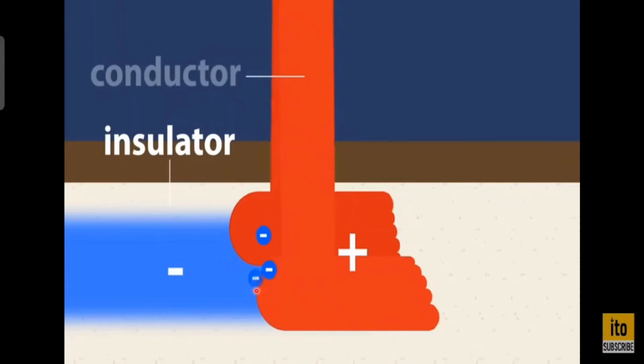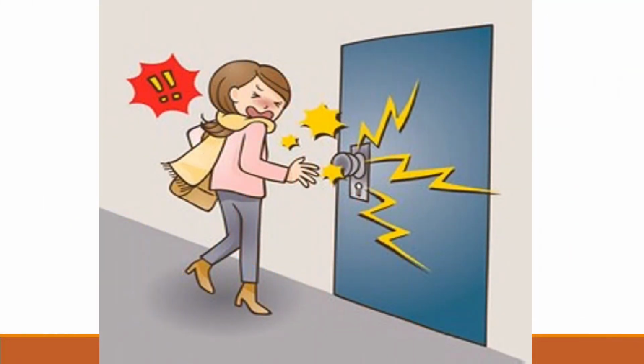But in this example, the moment you rub your feet on the carpet, the electrons were released. So only the positive charges, the protons, will remain in you. That's why if you touch a metal object, which is the doorknob, you get zapped, or we recognize a sudden spark. Okay, that is the reason why.